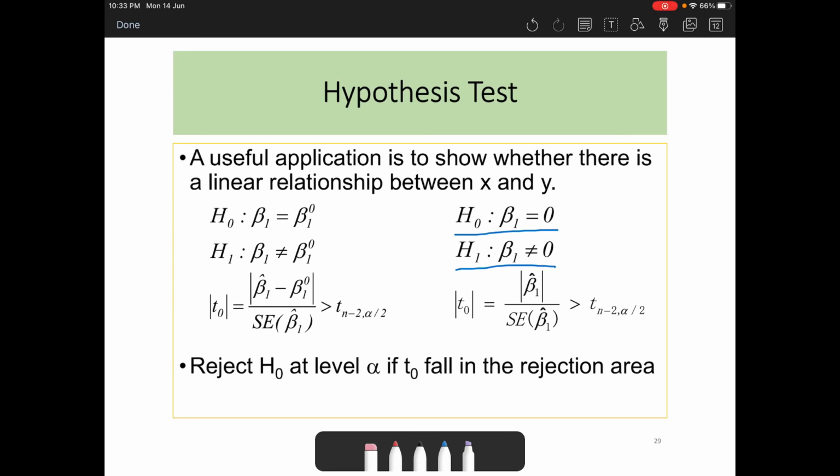Now let's see why our null hypothesis is beta 1 equals 0. If you remember, beta 1 in our fitted model of the regression line equals the slope. So that means the slope of the equation for the null hypothesis equals 0. If we have a 0 slope, we might have a scatter plot something like this.